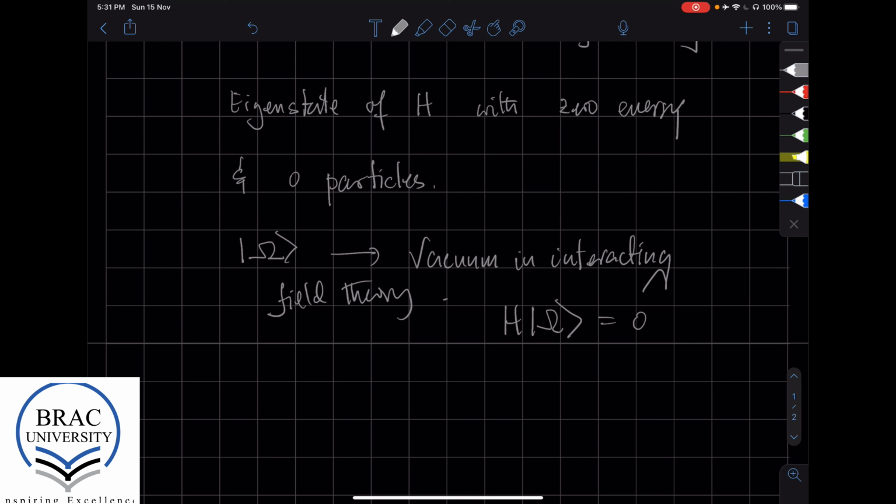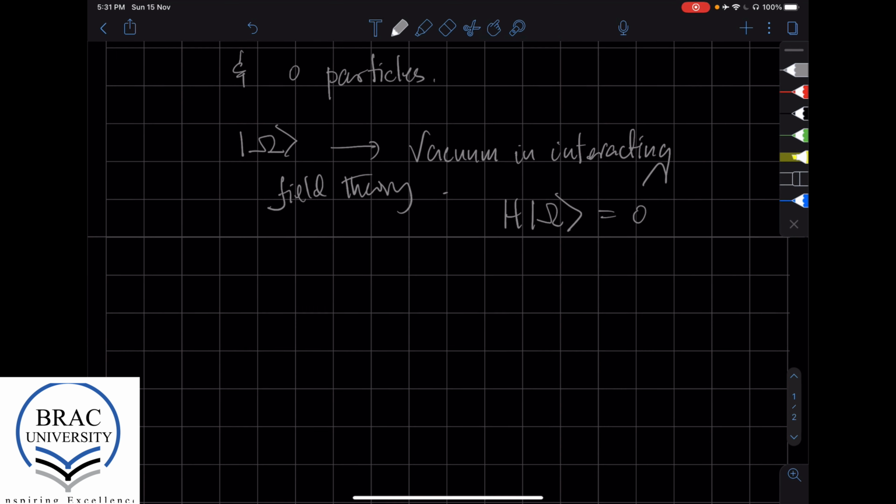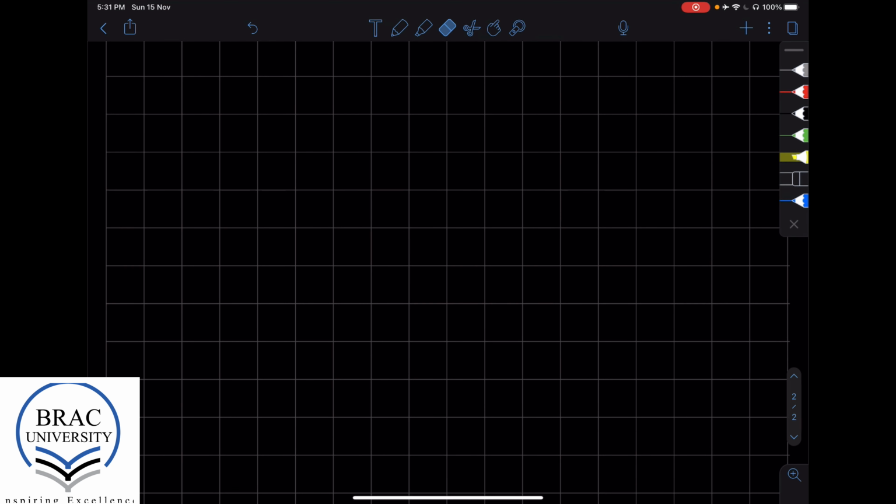But it is not necessarily a state which has 0 particles. In fact, the vacuum in an interacting field theory is a much more complicated beast, which we shall explore in the lectures in the future. So the vacuum is one of the actors that enter in the story of the interacting field theory.